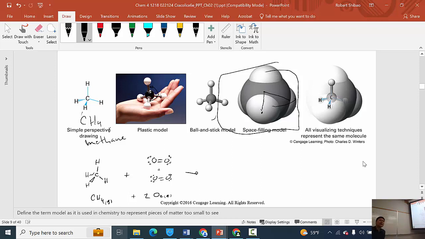And so liquid natural gas packs a lot more fuel per gallon than natural gas would. Because a gallon of natural gas contains mostly empty space, but a gallon of liquid natural gas would contain lots of methane.